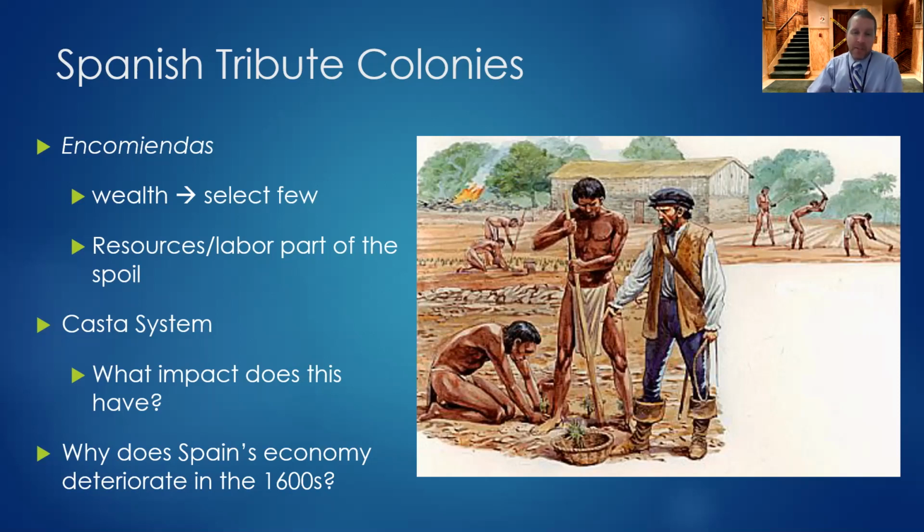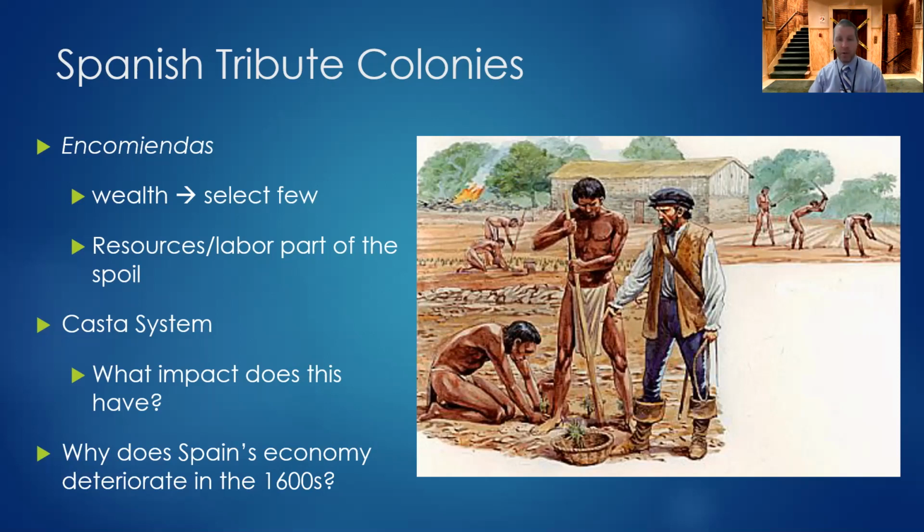And when that starts going down in the 1600s and continues throughout the 1700s and 1800s, it's all because that greed, which they had thought was going to make them wealthy beyond measure, kind of backfires and helps sink their economy in the end. So that's our pattern with Spanish tribute colonies.